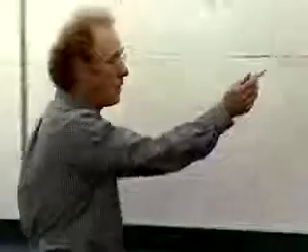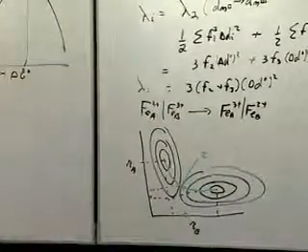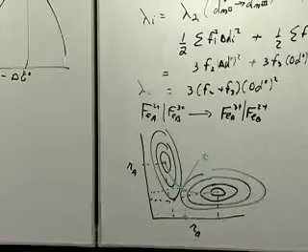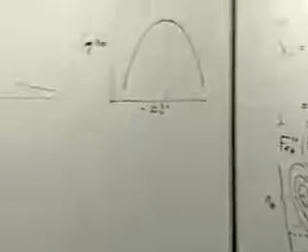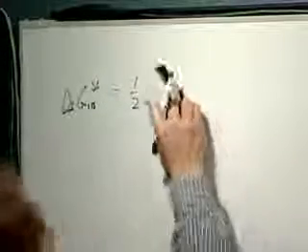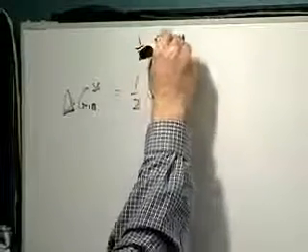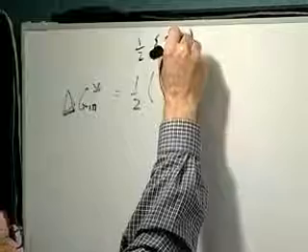And rather than writing it out for the reorganization energy, which is lambda I, I'm going to write it out for the delta G star. Again, I'm going to have 1/2 times 6, since there are 6 bonds, using basically the formula F delta D squared.